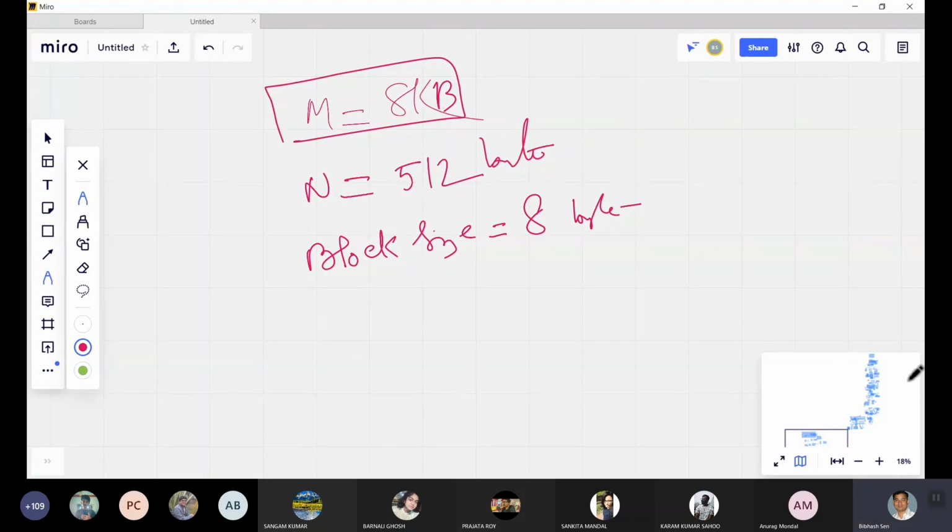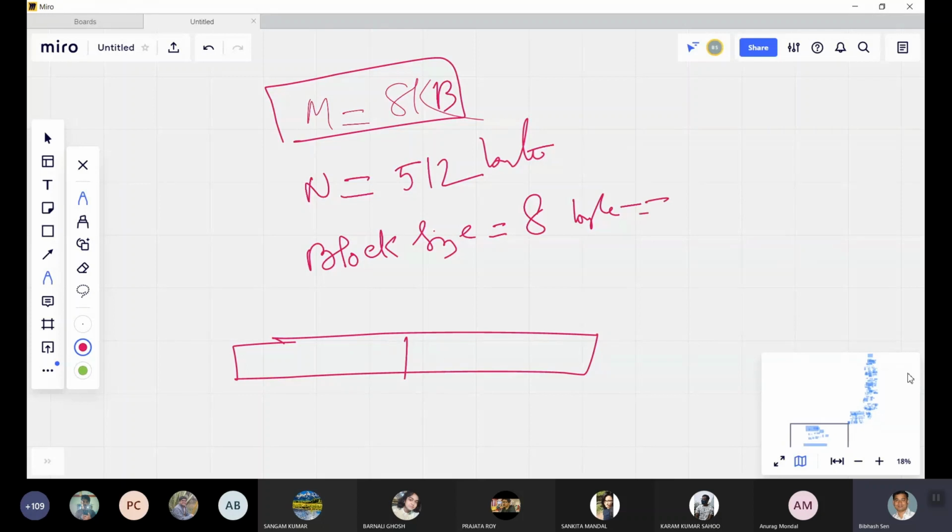Okay, then you tell me, in case of direct mapping, fully associative mapping, and set associative mapping, the structure, the address translation mechanism. I can say here, since 8 bytes are there, block size means 2 to the power 3.